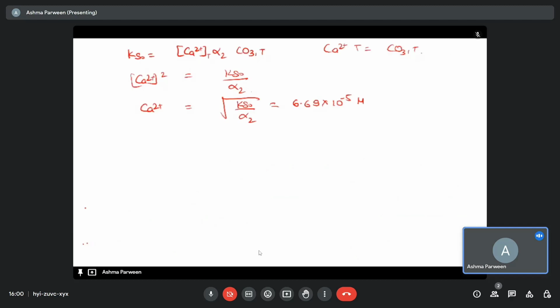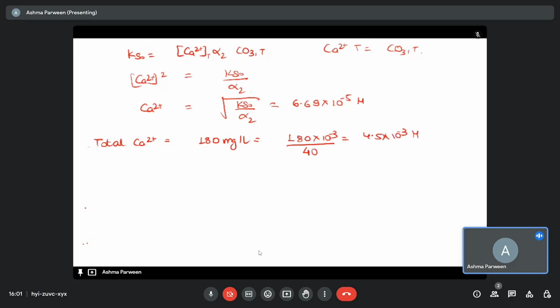So let's find total calcium. It is 180 milligrams per liter. Let's convert it into molar: 180 into 10 raised to power minus 3 by the mass of calcium, which is 40. So it will be 4.5 into 10 raised to power minus 3 M.